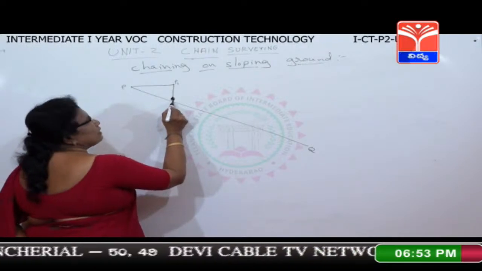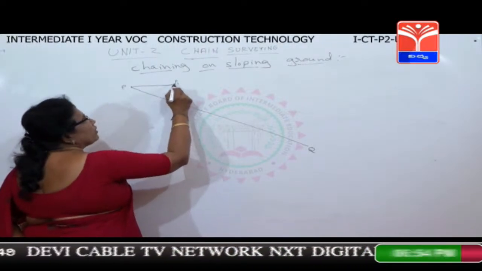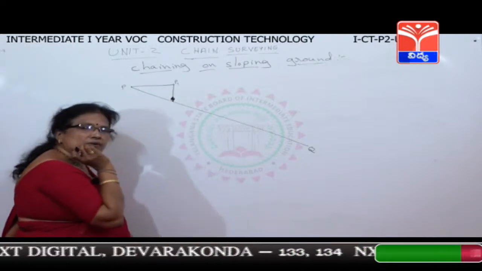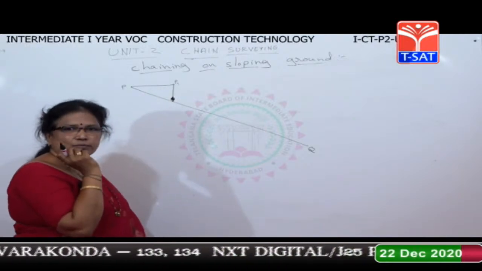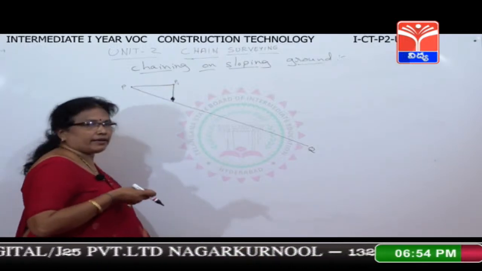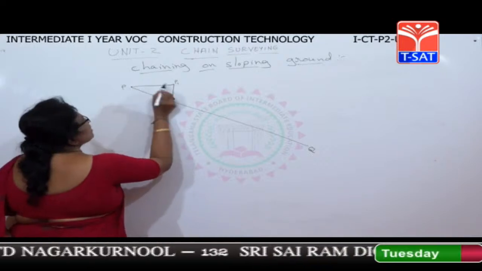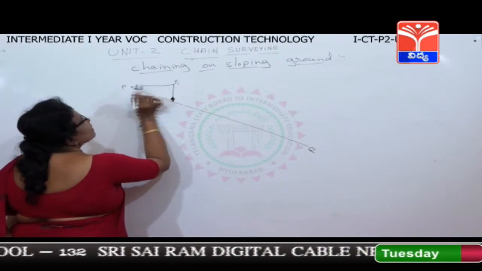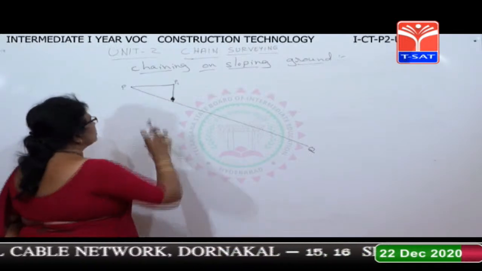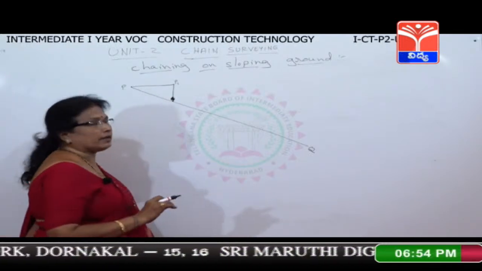You will place the plumb bob here. You will hold it up to, say, 2 meters or 1.5, 1.8 meters like that, up to your convenient height. Then you will stretch the chain and take the measurement P to P1. So measurement up to here is done.